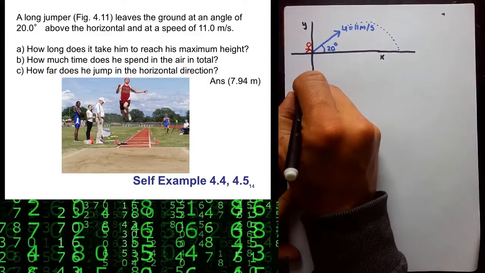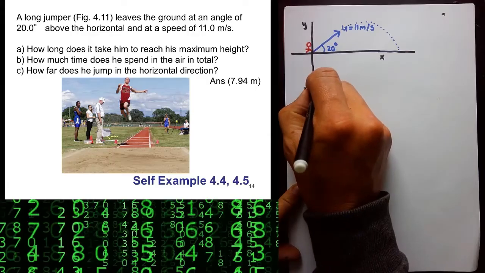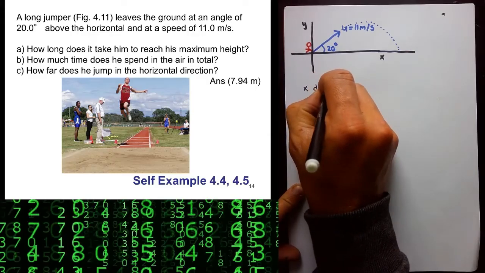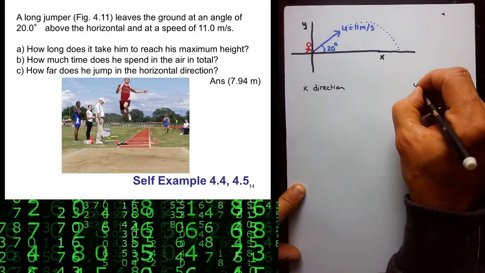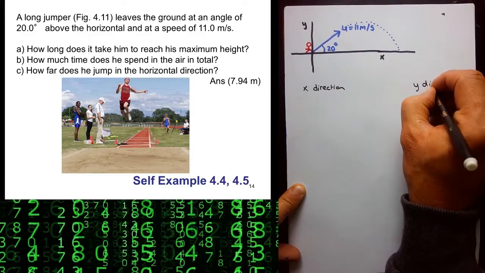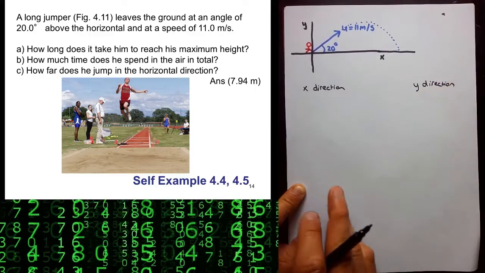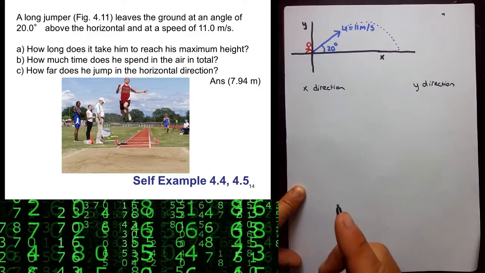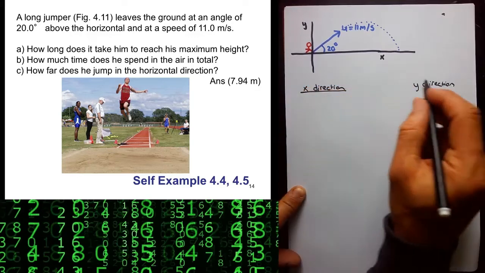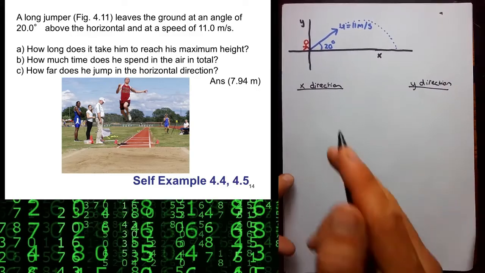So as we've just seen with projectile motion, we can consider it in both the x direction and the y direction, and we need to consider these two directions independently. So we need to list all the information known and the unknowns independently in both the x and the y directions.